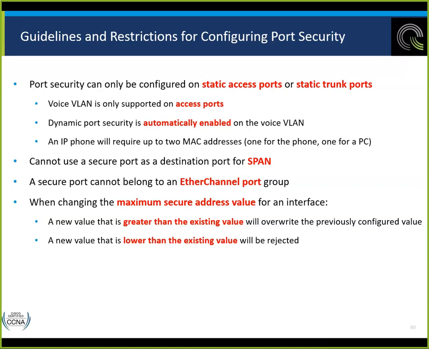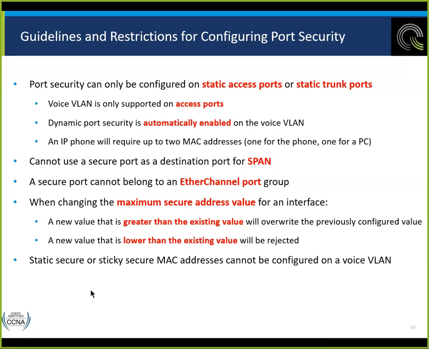We can lower the number, but if our maximum is 5 and we have 5 addresses on it, we can't lower the number. If we have a maximum of 5 and we have 3 addresses on it, we can lower it. So we can lower it, but not under the level that we have on the device itself.